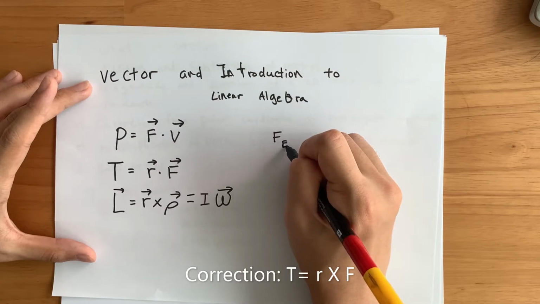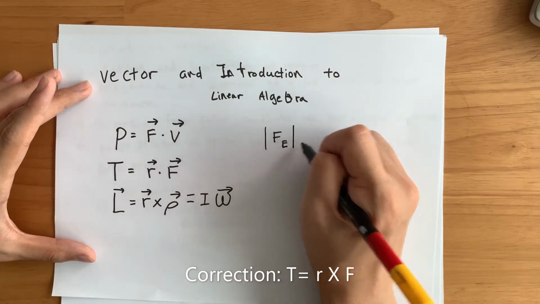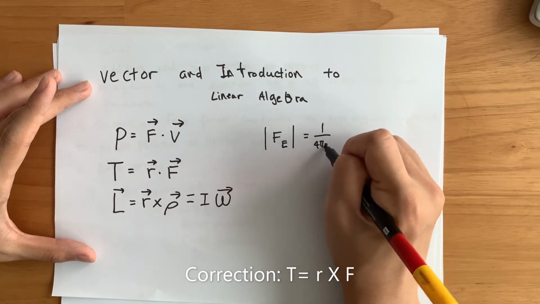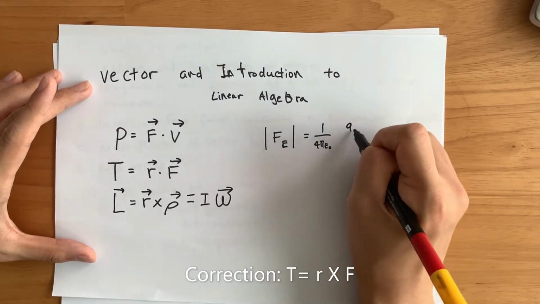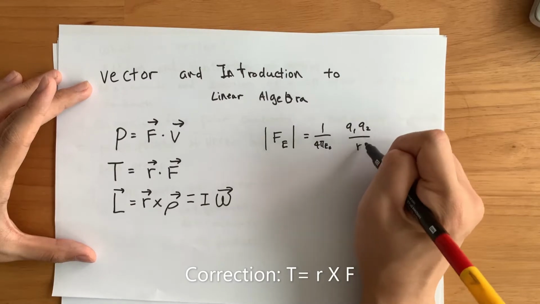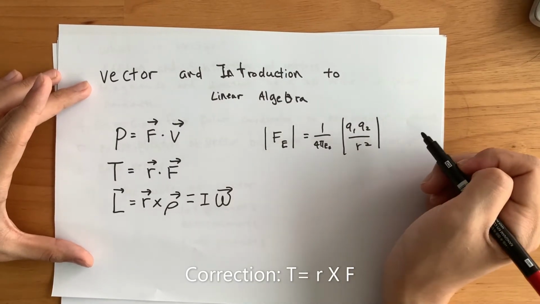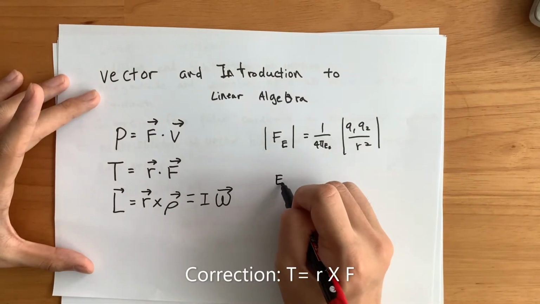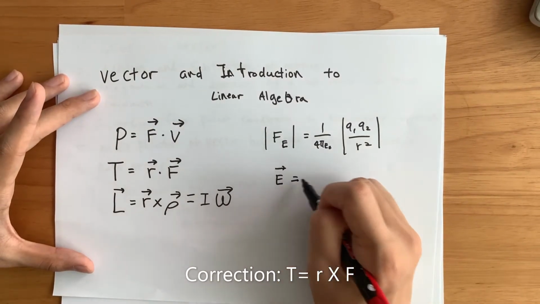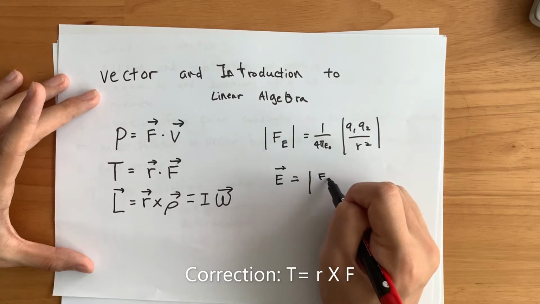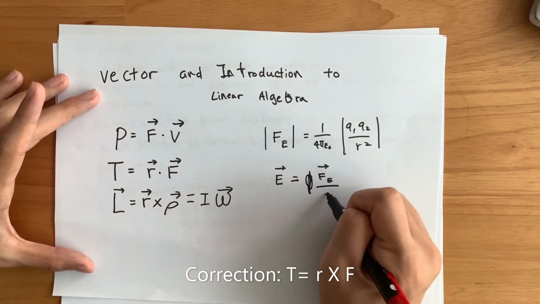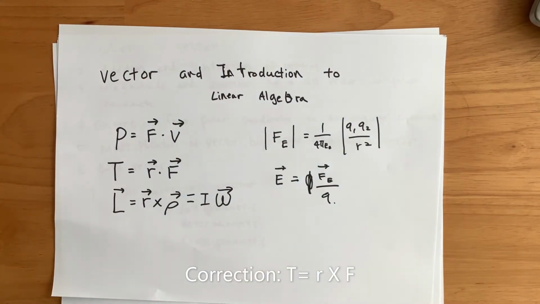You don't have to know it yet, but the force is presented as 1 over 4 pi epsilon, Q1 Q2 divided by R squared, or E. You see these vectors. This is not an epsilon. You see these notations.